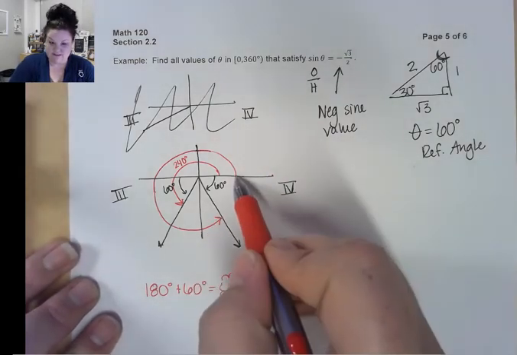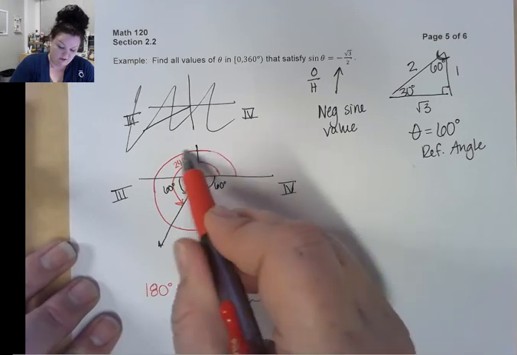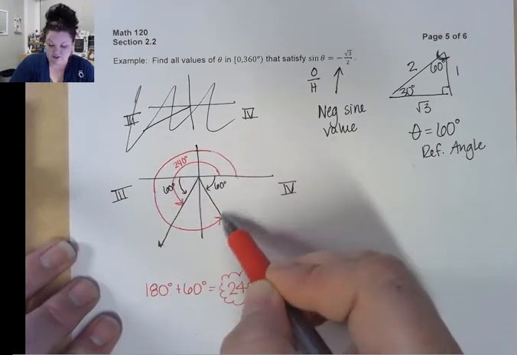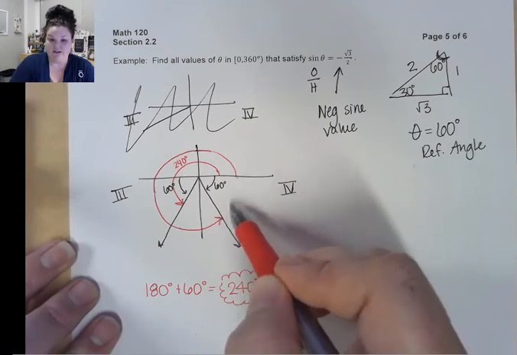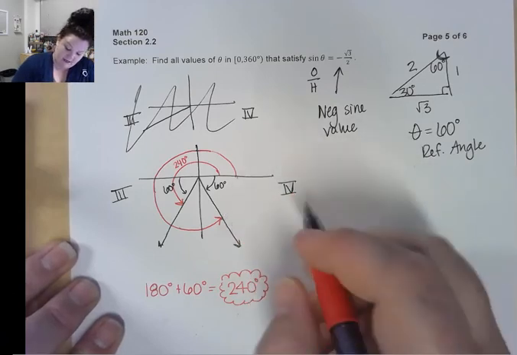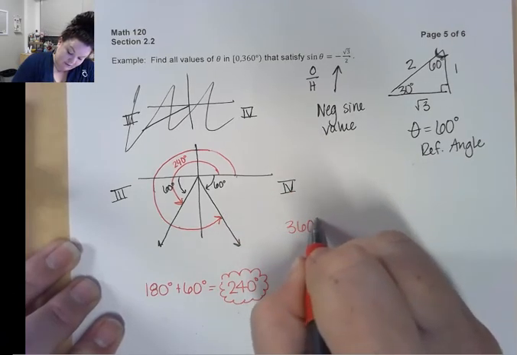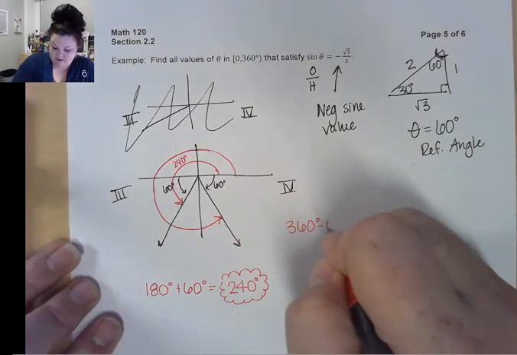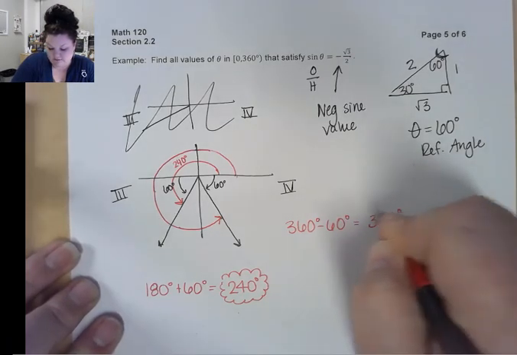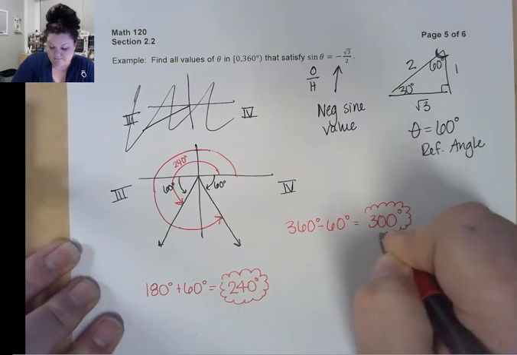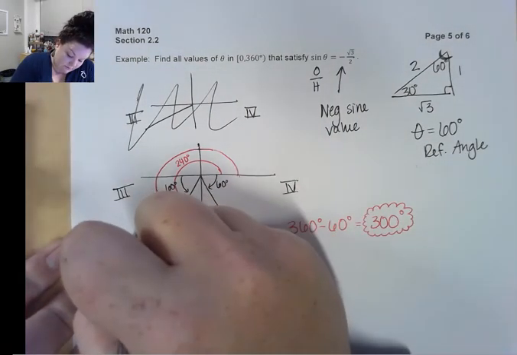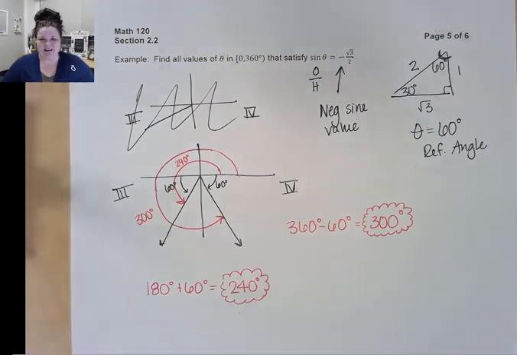So this one starts in standard position and it goes all the way around and it stops right here, 60 degrees shy of a full rotation. So if it's 60 degrees shy of a full rotation, I can take that 360-degree full rotation and just subtract the 60 degrees that it's shy, which gives me a 300-degree angle. So this one is 300 degrees. Does that kind of make sense?